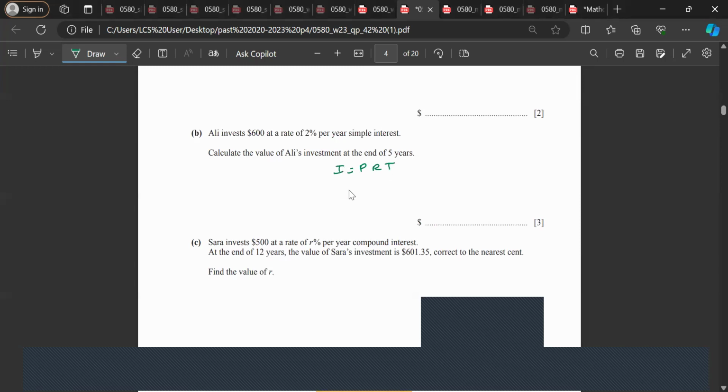Okay, then I equal 600 multiplied by 2% over 100 multiplied by T, which is 5. So it will be $60. But you have to add it to the original value because he said the whole investment. So it will be 660.